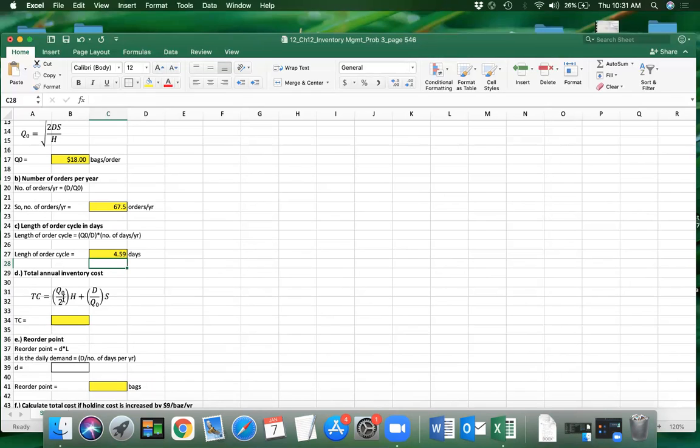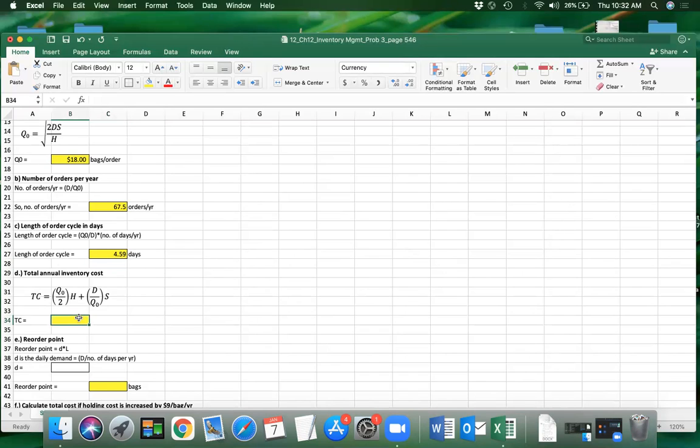So the first part in this equation is the total annual holding cost, and the second part is the total annual ordering cost. They should be equal if you're using EOQ. There might be some rounding errors, but besides those, they should be nearly equal.